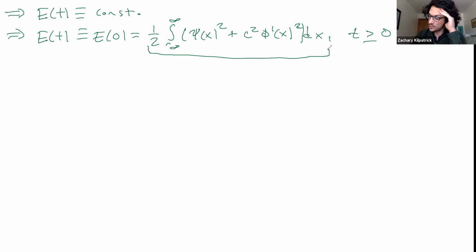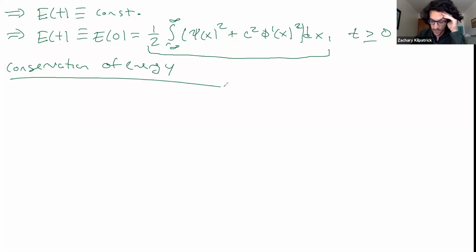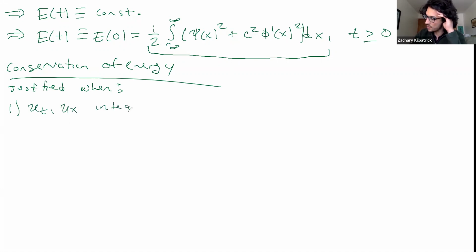So this result, we just needed a couple things to justify it. It's justified when, first of all, u_t and u_x are integrable for all t greater than or equal to 0.